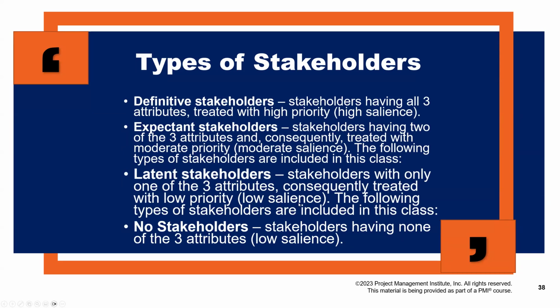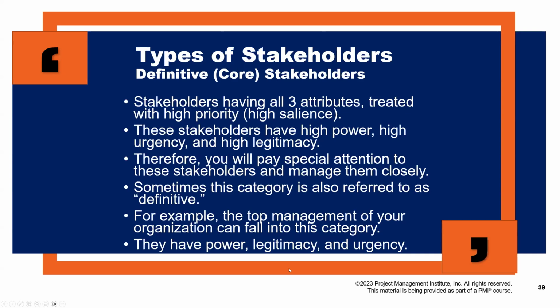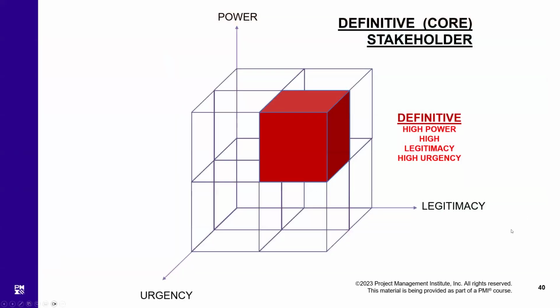They are considered low salience. And then comes the non-stakeholder, the lowest salience, low in everything. The next slide generally describes each one of the types, but anyway, this is the definitive stakeholder.